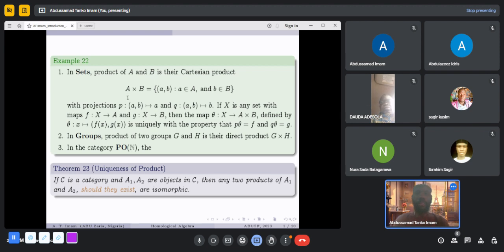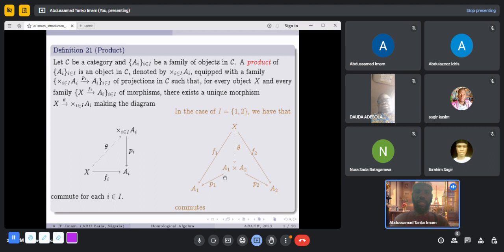You can immediately see that you have projections. If you have two sets A and B, one has these projections from the Cartesian product. You can define a map into A by sending a pair (a, b) to a, and another map into B, and these mappings will provide you with projections in the definition.